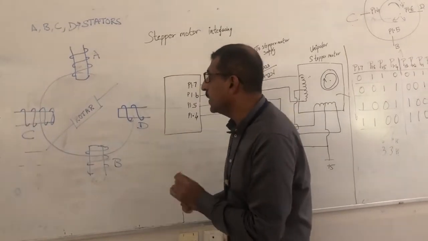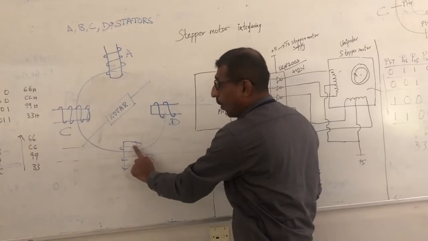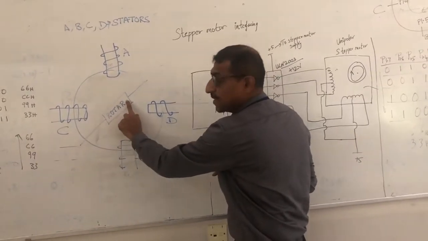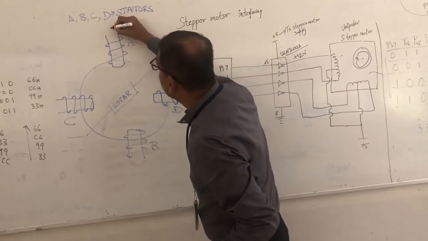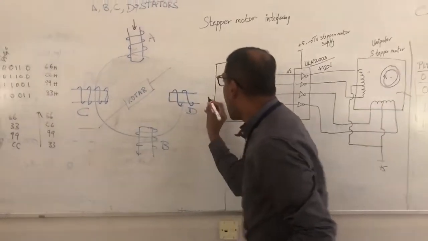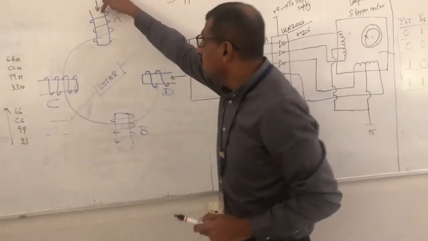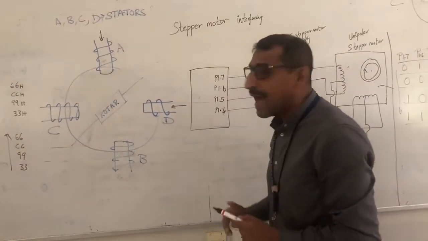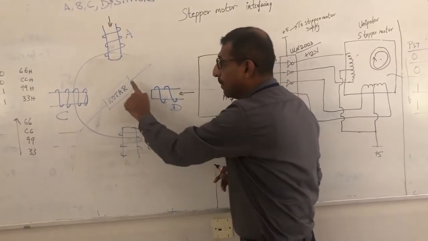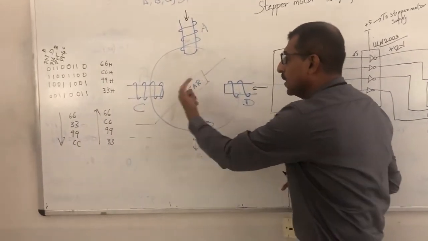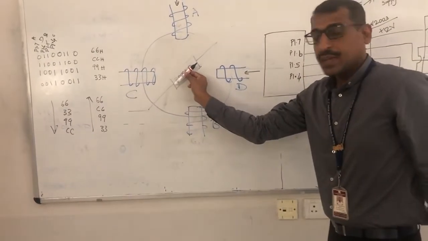What happens actually is, this will be the north pole of the stators, and this shall be the north pole of the rotor. When stator A and stator D are energized, north pole and north pole repel, therefore the rotor will come and stand like this.